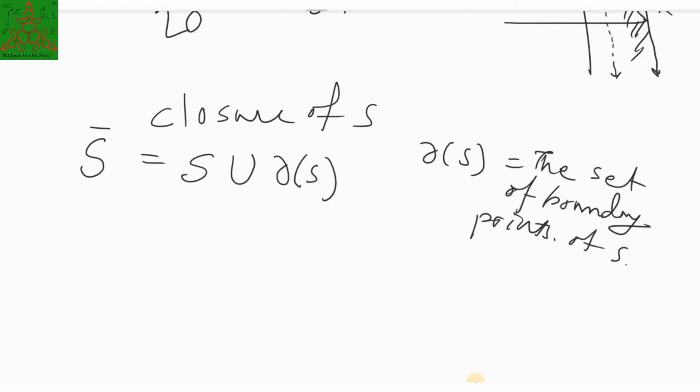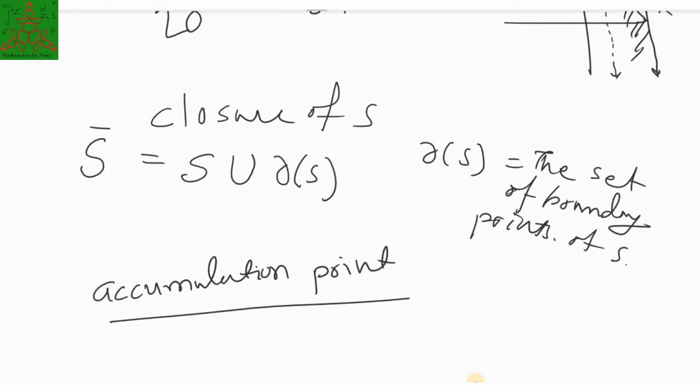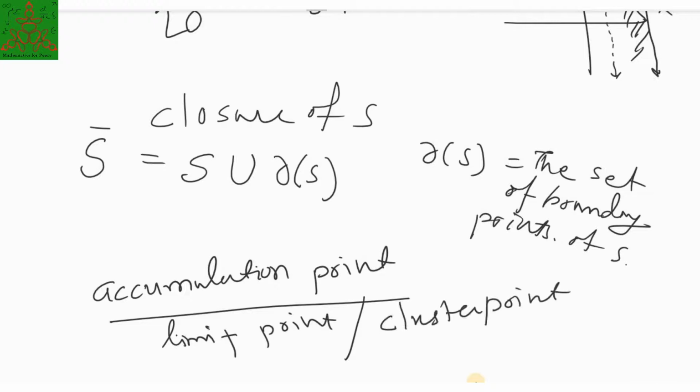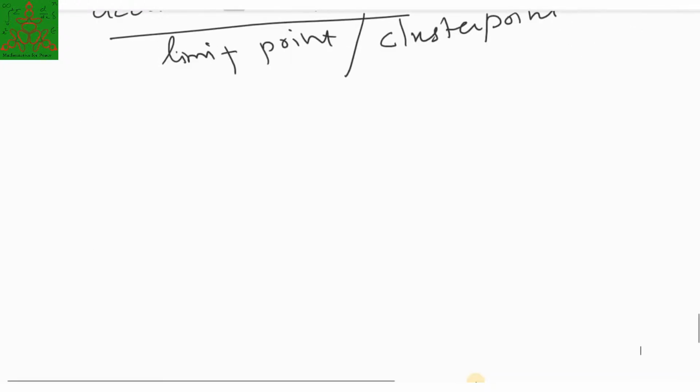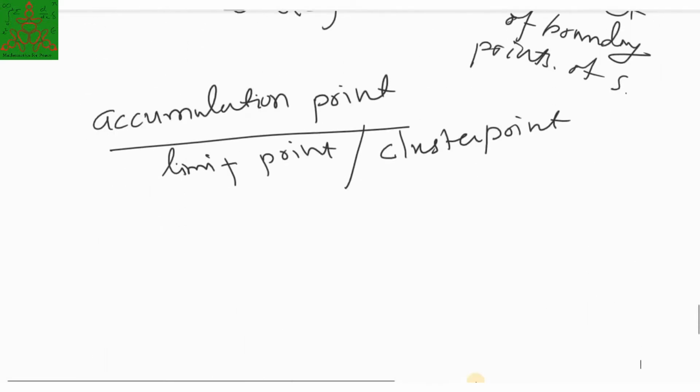The next definition is the accumulation point. Other names for an accumulation point are limit point, and in some books it is also defined as a cluster point. So these are the three names by which these points are known. What is the definition?